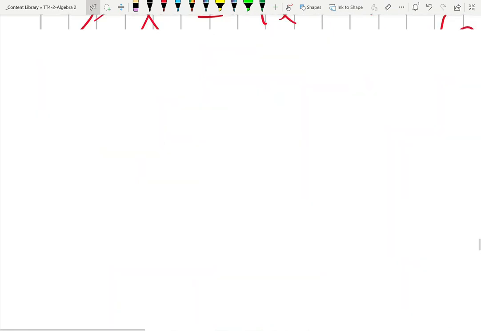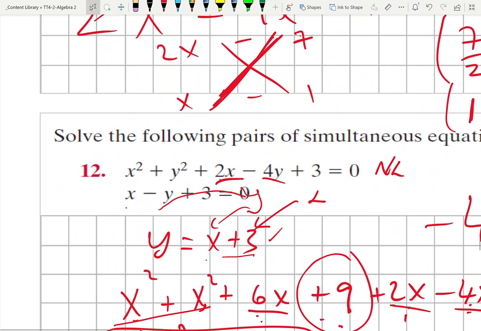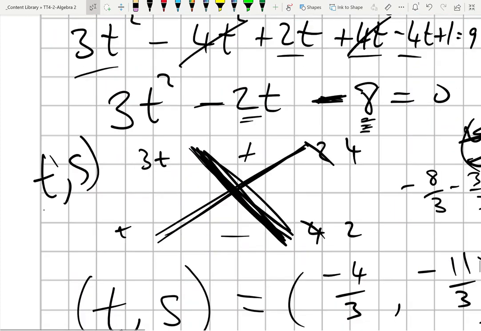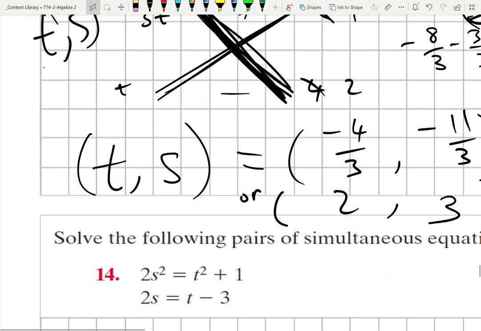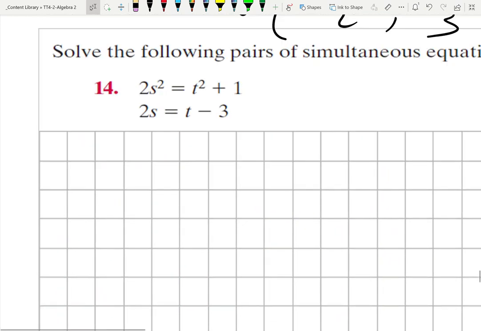Okay. So I hope you can see why we'd like to isolate t, because that won't be a fractional expression. Okay, so t is 2s plus 3. Put that down there because I'm going to need it down there in a minute.